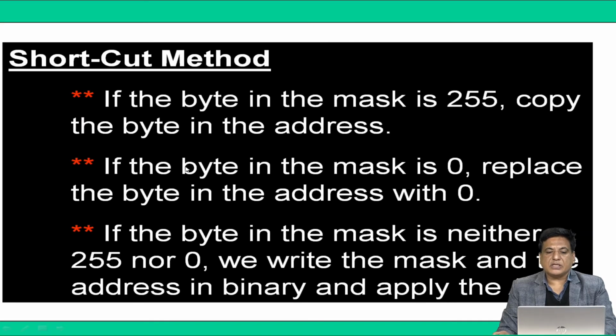In the second method, the shortcut method, if the byte in the mask is 255, copy the byte from the IP address. If the byte in the mask is 0, replace the digit in the IP address with 0. If the byte in the mask is neither 255 nor 0, we write the mask and the address in binary form, then apply the AND operation.